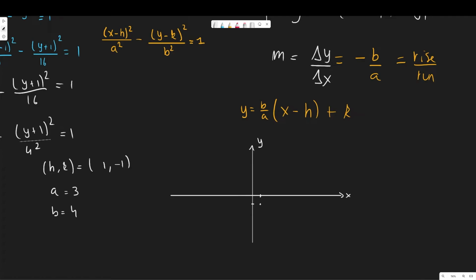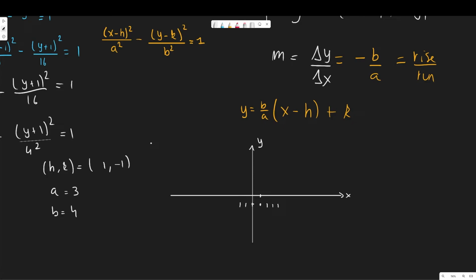So the center of our box will be right over here. The length of our box in the x direction will be our a constant, because a is underneath the x. Because a is 3, we'll have to go 3 to the right and 3 to the left. So 1, 2, 3 to the right and 1, 2, 3 to the left.